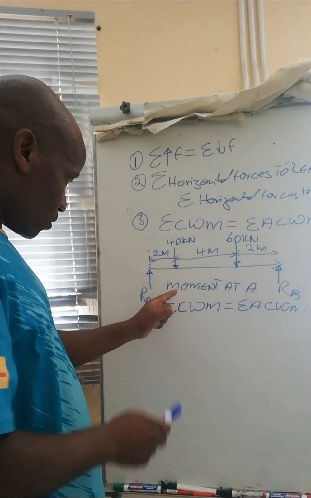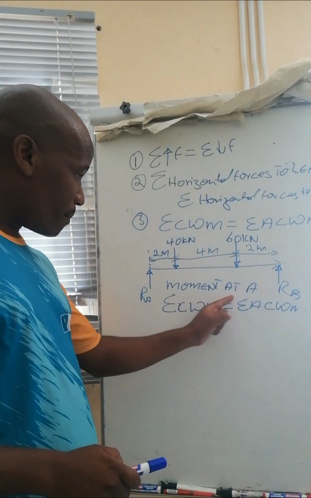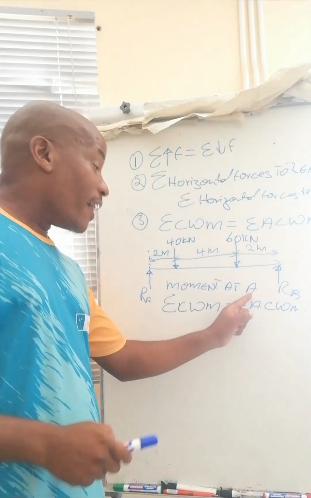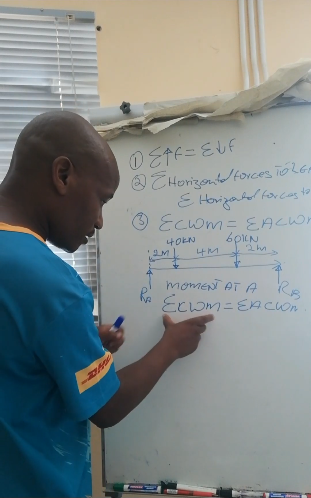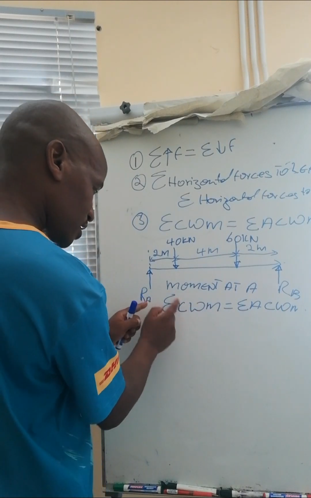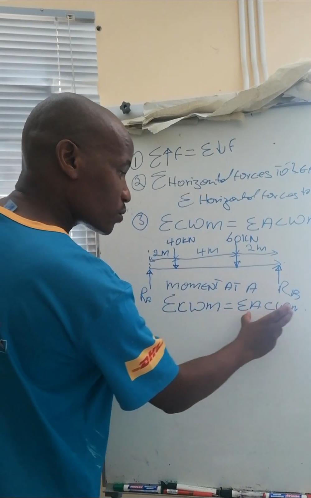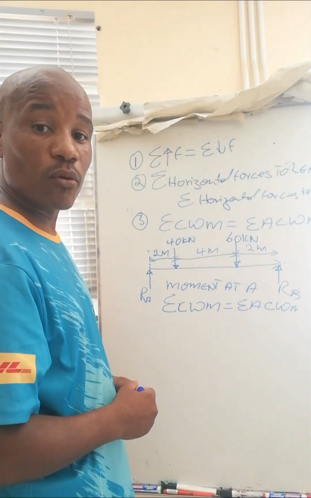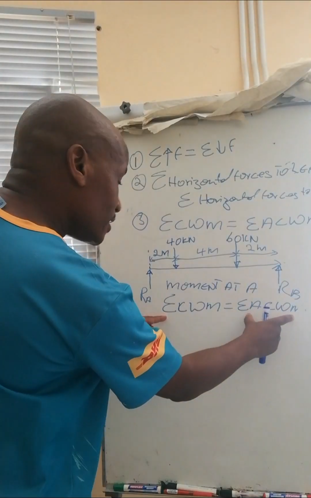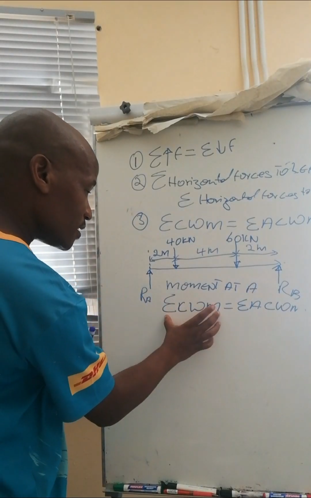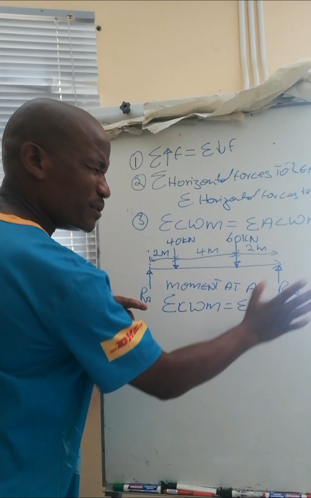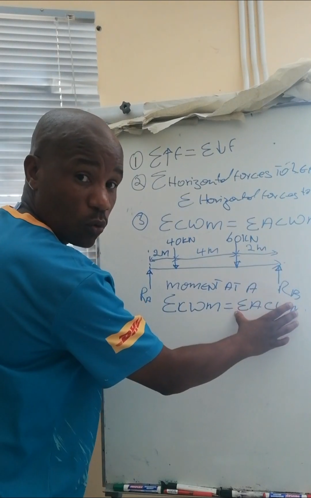You are telling him that you took moments at A, and for that you are going to take the sum of the clockwise moments equal to the sum of the anti-clockwise moments. It means all forces are going to A, and the clockwise moment should be equal to the anti-clockwise moment.